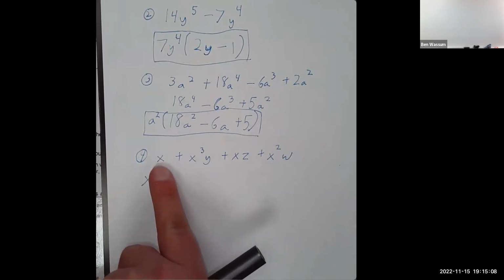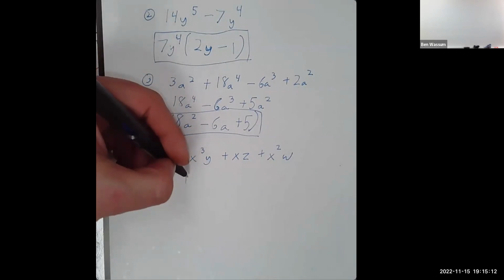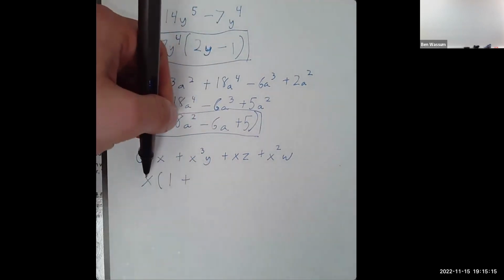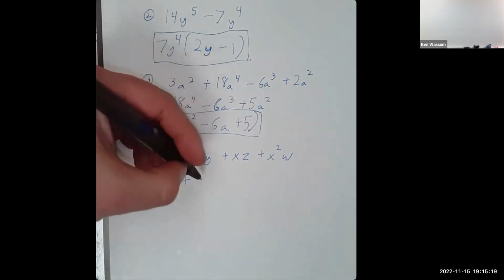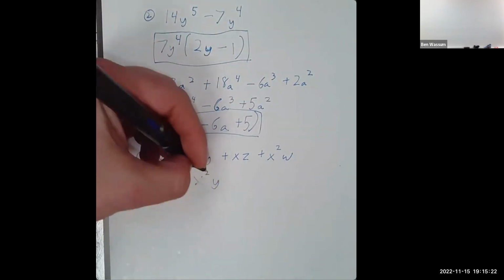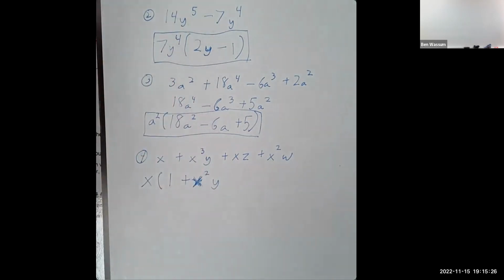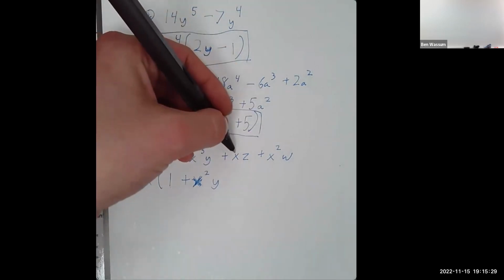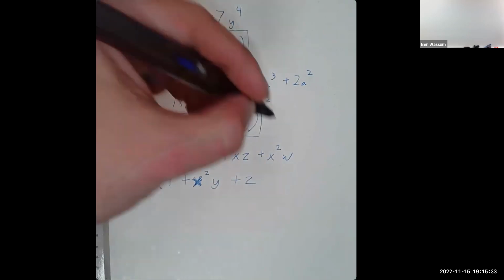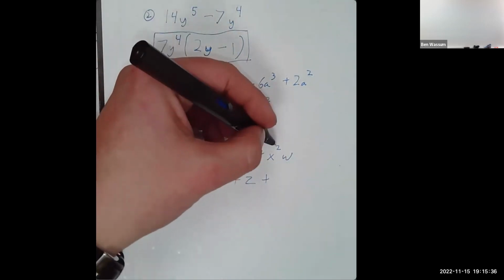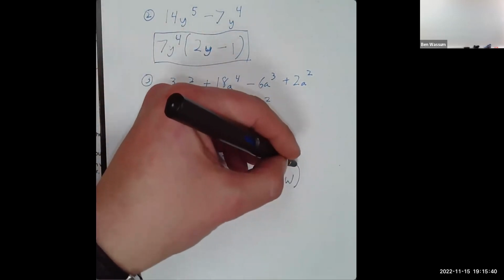If I divide this x by this x, I get a 1. Plus, if I take 1x away from everything else, if I have x cubed here, it's going to go down to x squared y. My x's are awful looking. If I pull an x out of this xz, I just have a z. And if I pull an x out of x squared, you have x with that w that's hanging out there.